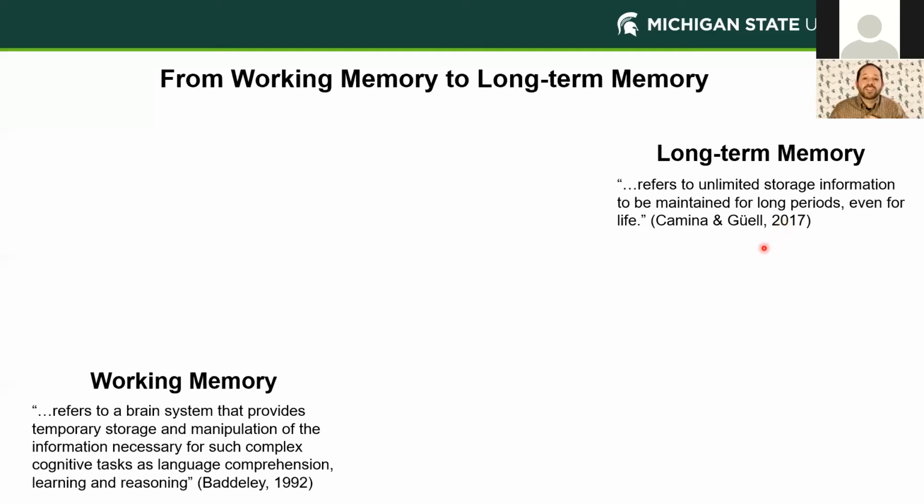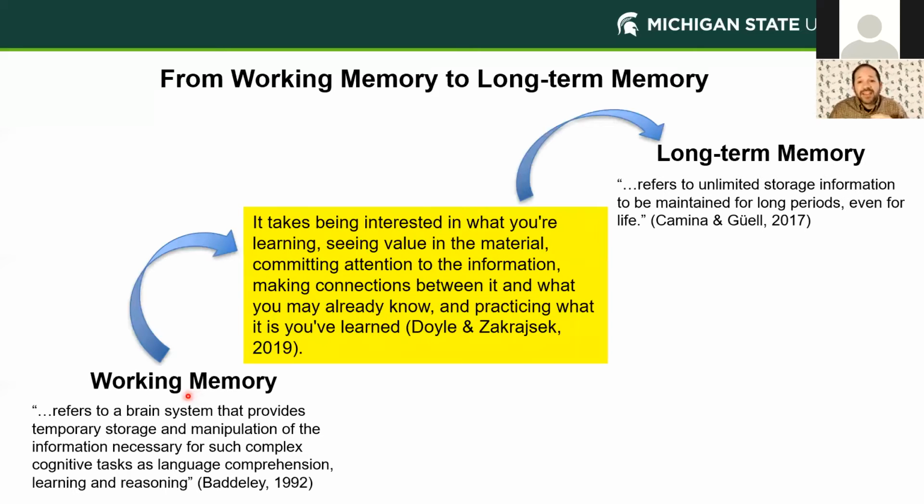What we want to achieve with our children and ourselves at work is to actually move the information we gain from working memory to long-term memory. And that can take place if, in the learning process, the individual and the environment are conducive to that transition.